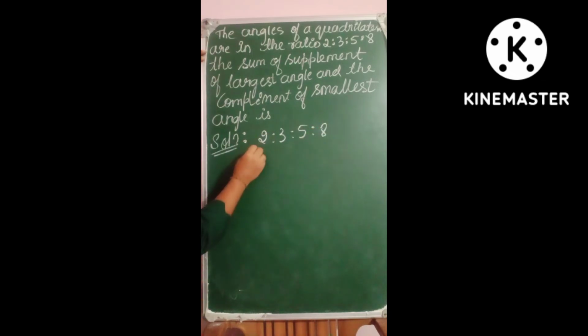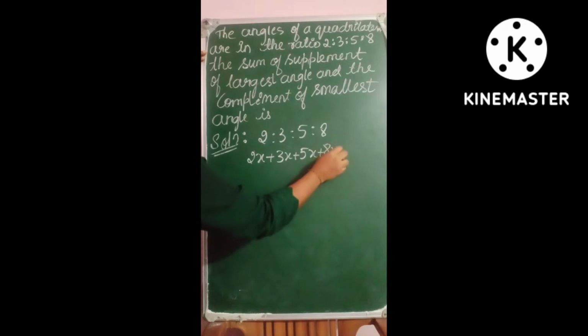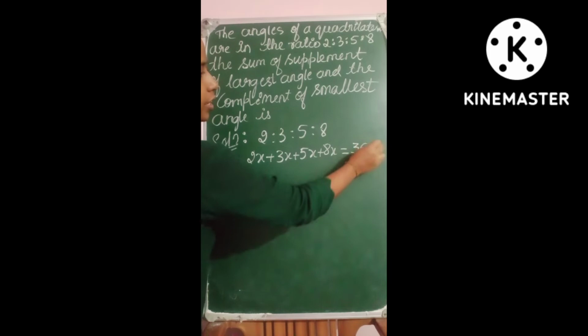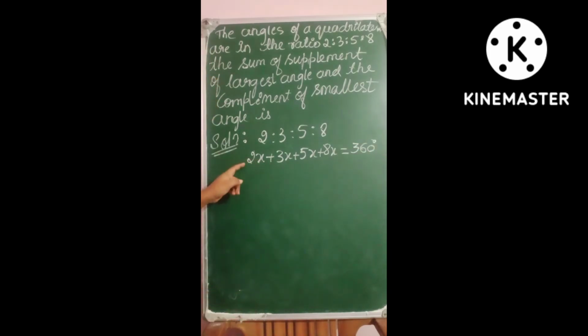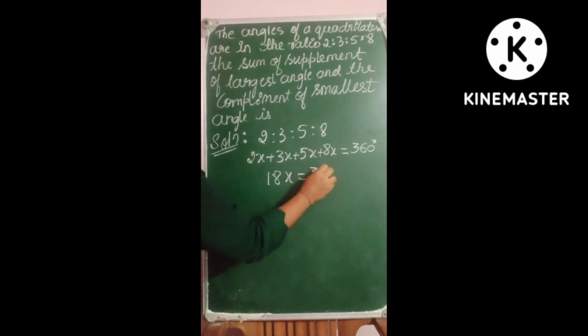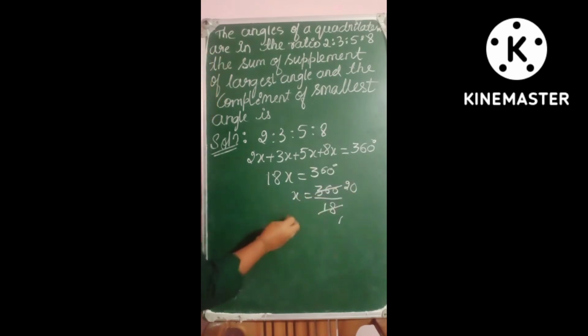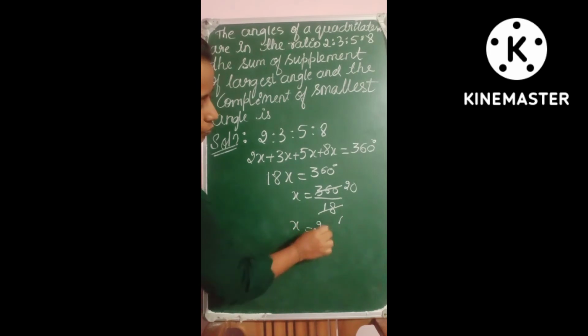Let us consider this as 2x plus 3x plus 5x plus 8x is equal to the sum of all the angles in a quadrilateral, which is equal to 360 degrees. Then 2 plus 3 is 5, 5 plus 5 is 10, 10 plus 8 is 18, that is 18x is equal to 360 degrees, or x is equal to 360 divided by 18. 18 ones are 18, 2 zeros. Therefore, x is equal to 20.